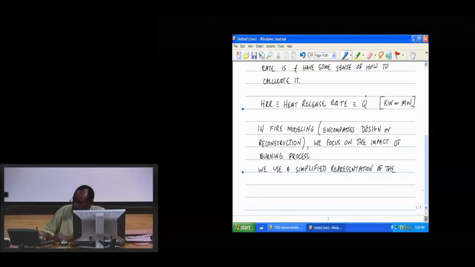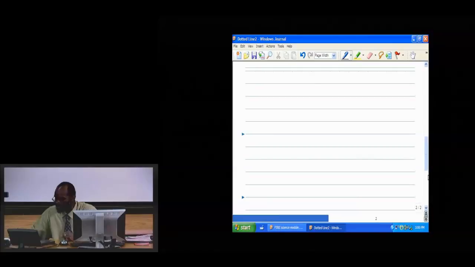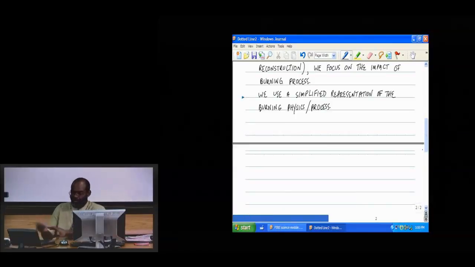I'm going to put burning physics / process. And I want to make it clear why that's important. If we're talking about a Christmas tree fire or otherwise that we were looking at in those videos, think about the scale of the room.